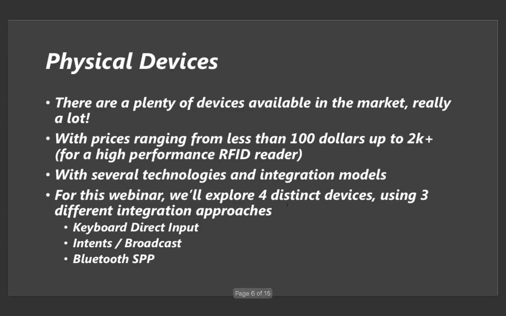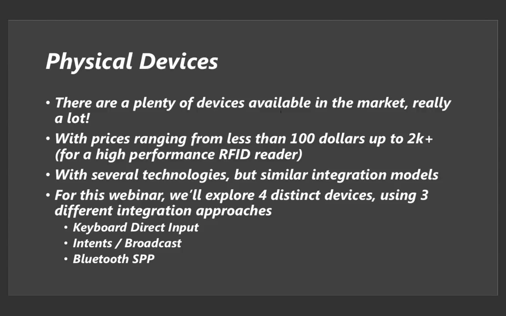So let's move ahead and talk about physical devices to capture barcodes. There are a lot of devices available, with prices ranging from less than $100 up to $2,000 for a good RFID reader.